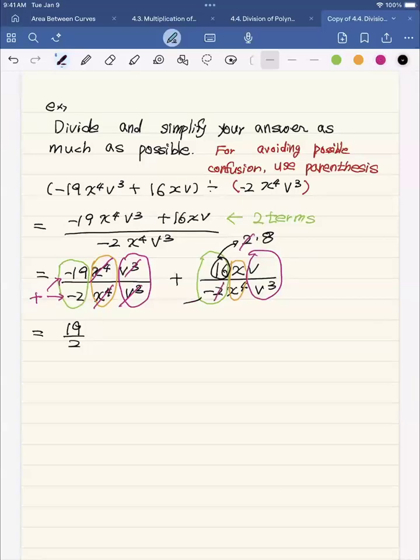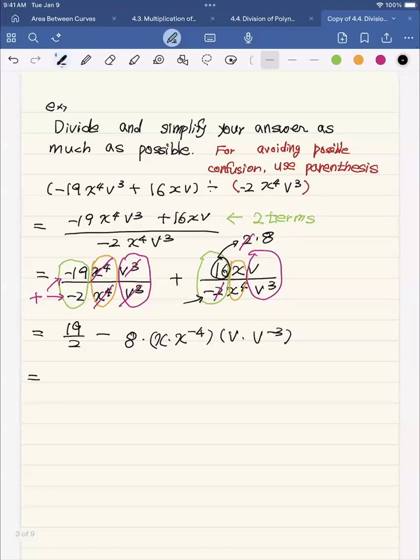And we have minus here, so I put minus here, and then 8 times x to the negative fourth power times v to the negative 3 power. I put negative to the power when the factor is located in the denominator.